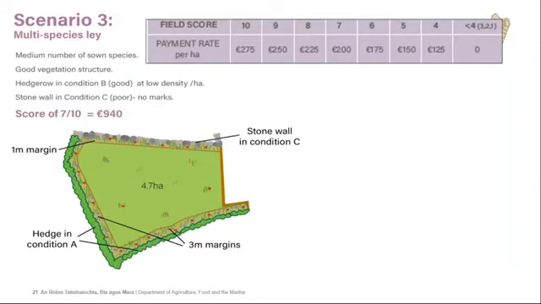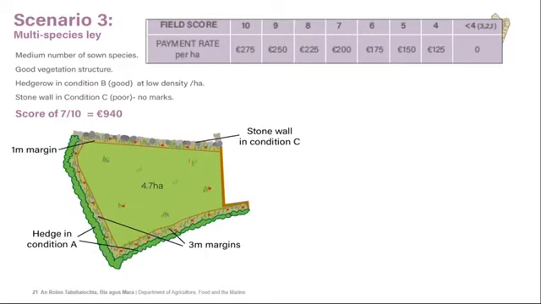The last scenario is for multi-species lay, and the payment rates for this are lower to reflect the income forgone for these field types. It has a medium number of sown species, good vegetation structure again. Still has that post and wire fence on the east, not given any marks, and it's a hedgerow in condition A on the west and southern boundaries.